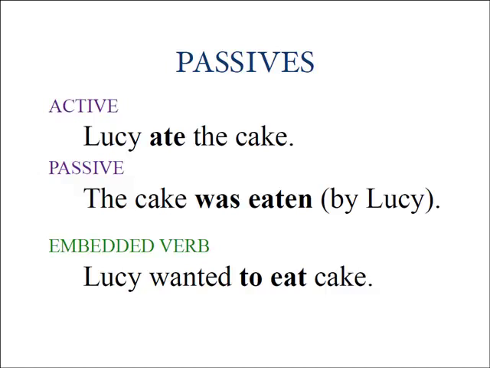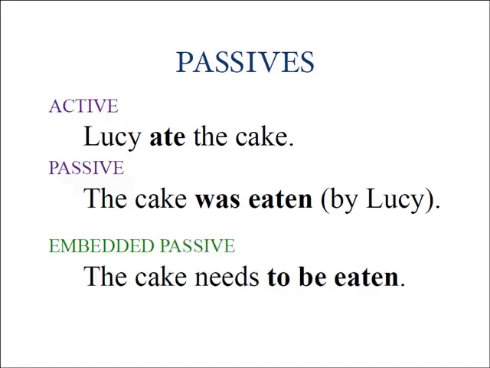So we have Lucy wanted, and then the eat bit that's the embedded verb. So an embedded passive then would just be a passive that is embedded, right? So we have the to be, which we usually get with the passive, and our same passive morphology. So the participle form, and it's just coming after another verb.